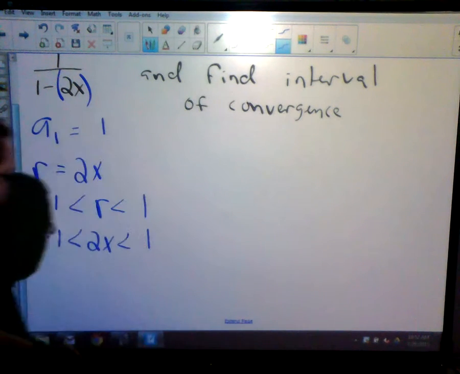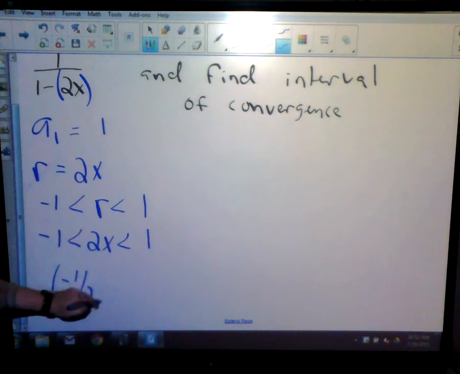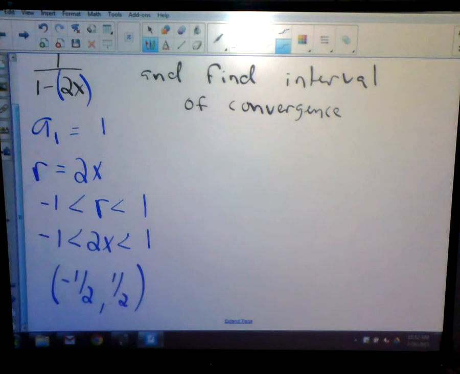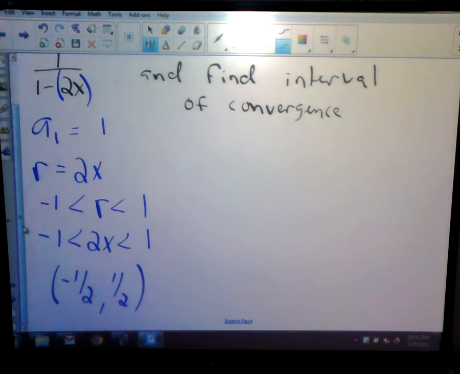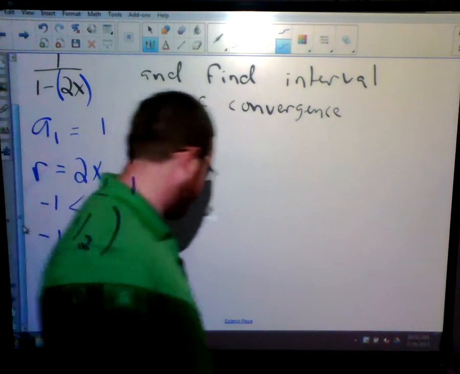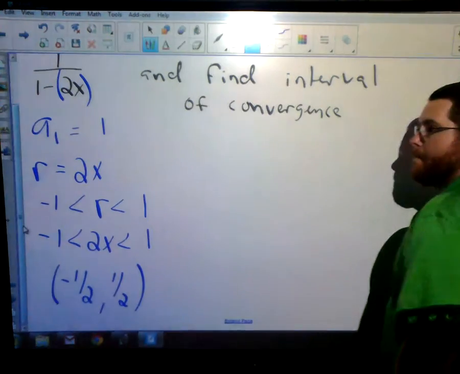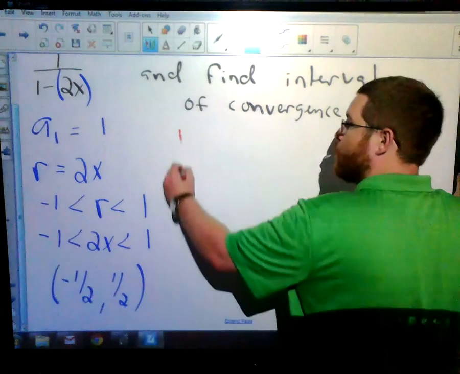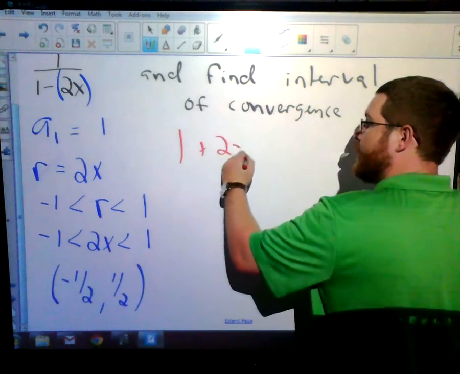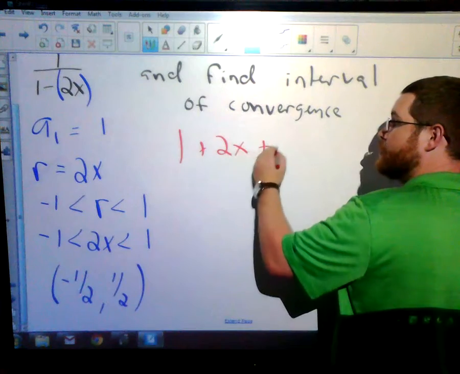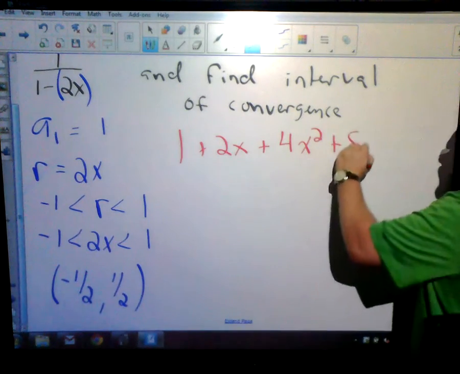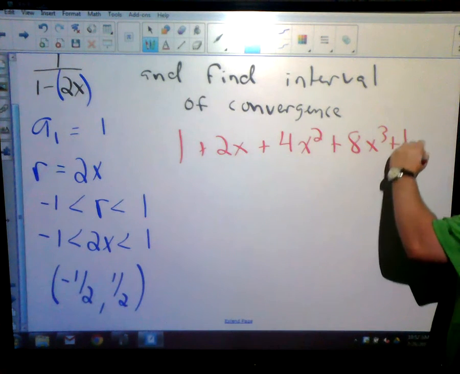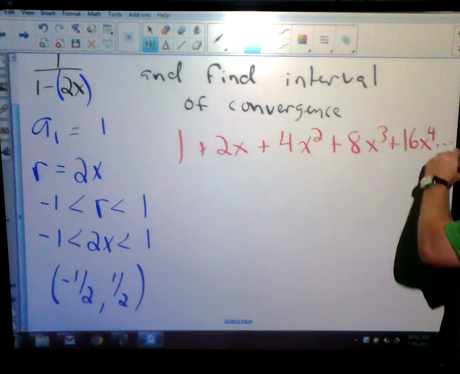That's telling me that my interval of convergence is between negative 1/2 and positive 1/2. Okay? Let's make my pattern. 1 plus 2x times another 2x is 4x squared, times another 2x is 8x cubed, times another 2x is 16x to the fourth, and on and on and on.